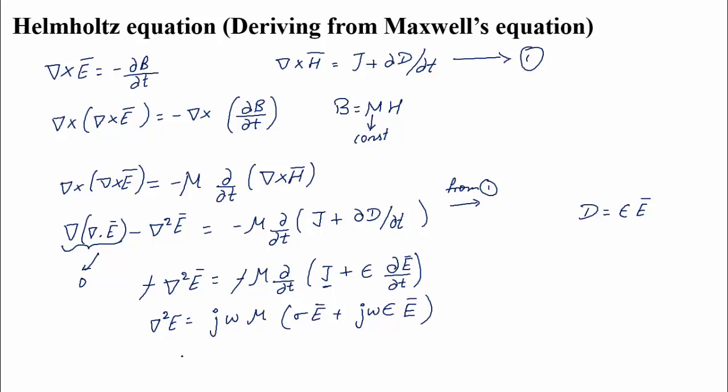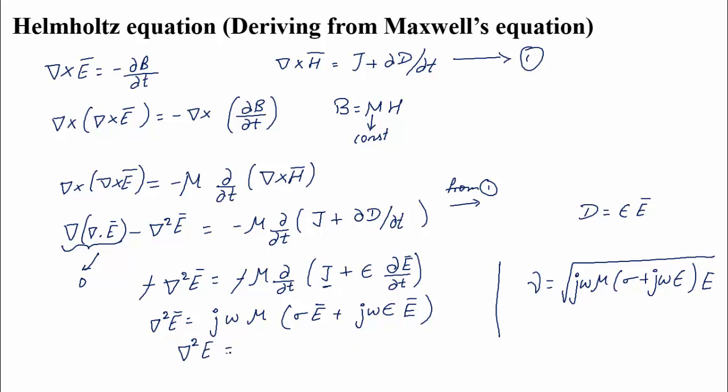This entire term I am going to call gamma, the propagation constant, which we can define as the square root of j omega mu into sigma plus j omega epsilon. So you can replace it by del square E equals gamma square E.